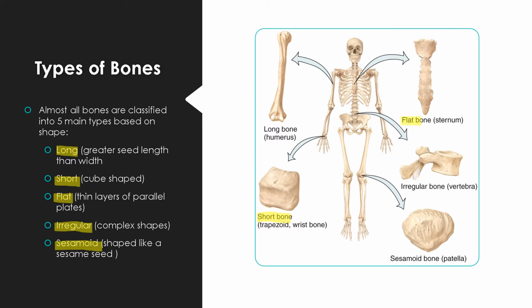Then we have flat bones. These are generally very thin, and they're composed of 2 nearly parallel plates of compact bone tissue that enclose a rather thin layer of spongy bone tissue. Now, flat bones afford considerable protection and provide extensive areas for muscle attachments.